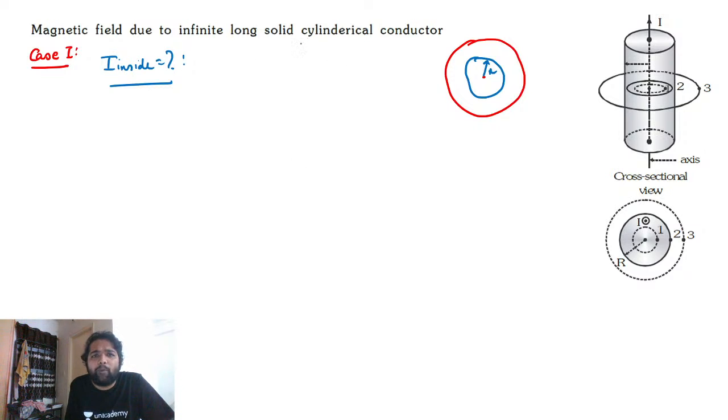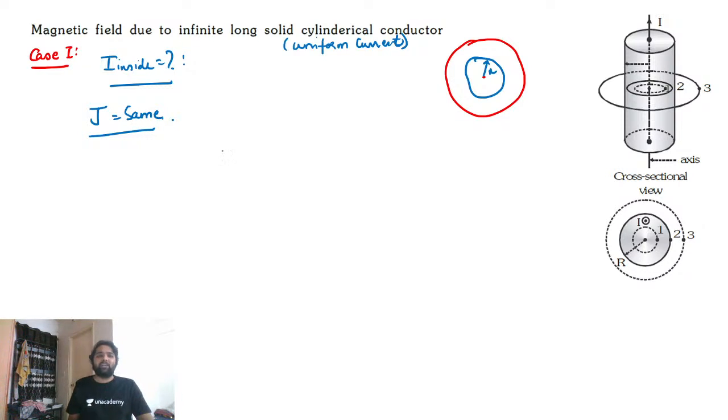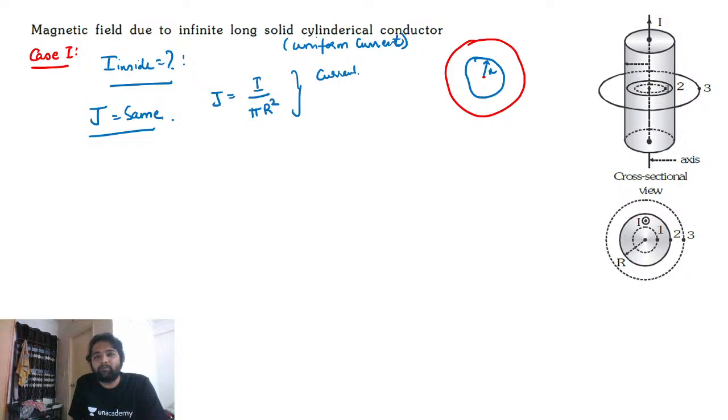So when there is uniform current flow, in this case we can say the current density will be same. And what is current density equal to? The current density will be equal to I by area, right? In this particular case, it will be equal to I by pi r square. It is current by area of flow.